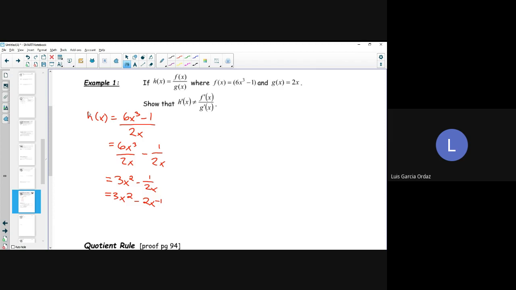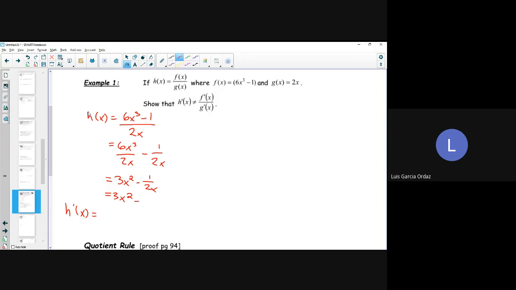Or we can also write it as 3x squared minus 1 half x to the power of negative 1. So now I can take my derivative. So h prime of x is equal to, we're going to be using the sum rule, which means I can take the derivative of the first one and add it to the derivative of the second one. Okay? Sorry, this should be 1 half x to the negative 1.